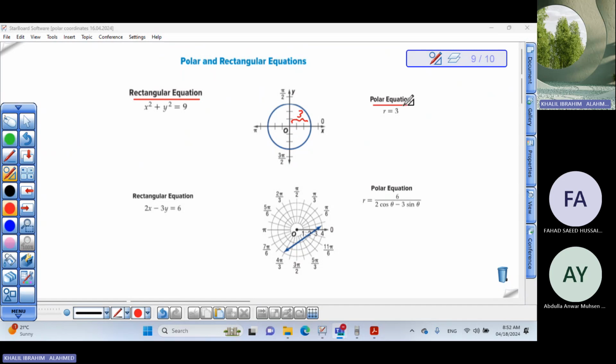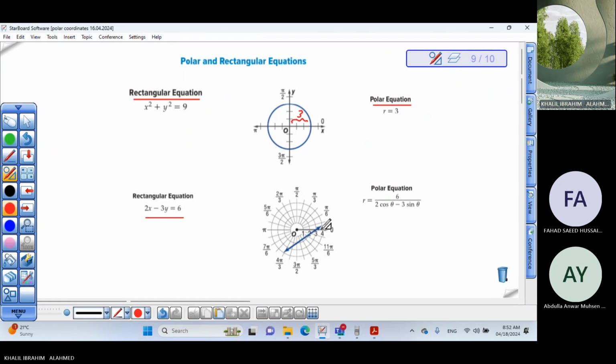Okay, in a polar equation, the components of each equation are r and theta. But here, just r. Here, r equals 3. That's it. Another example for a rectangular equation, 2x minus 3y equals 6. This equation represents what? A straight line, as you see here in this graph.